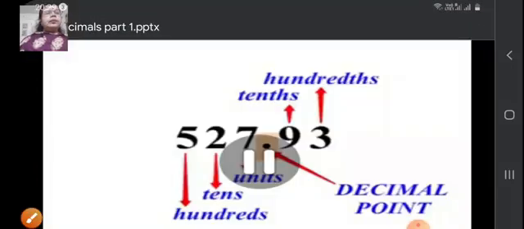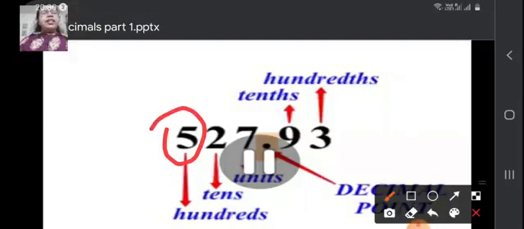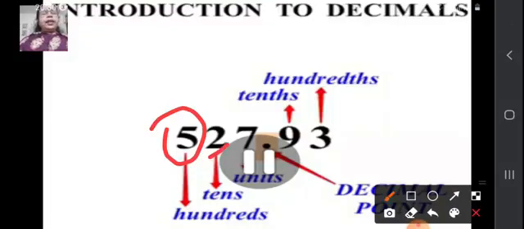Now, let us look at this example. This number is read as 527.93. We do not read it as 0.993, it is 0.93. So, the number is 527.93. So, in hundreds place we have 5, that means 5 hundreds, then 2 in tens and 7 in units place.